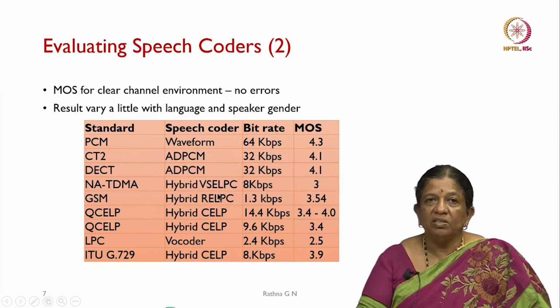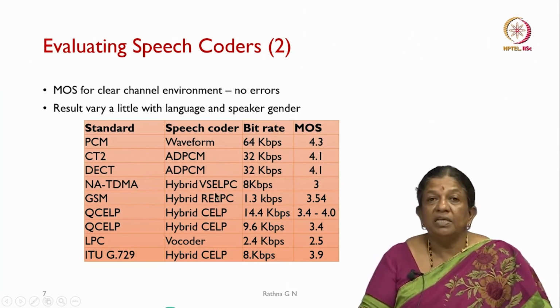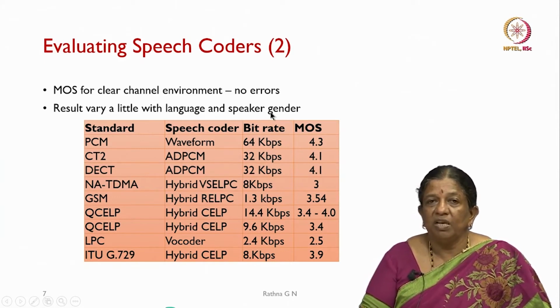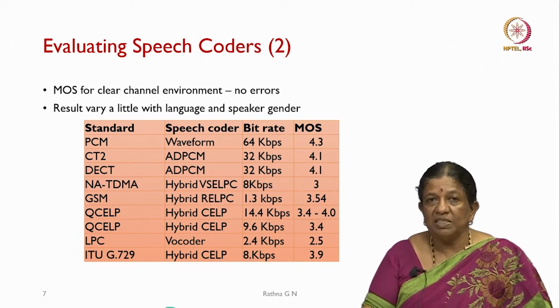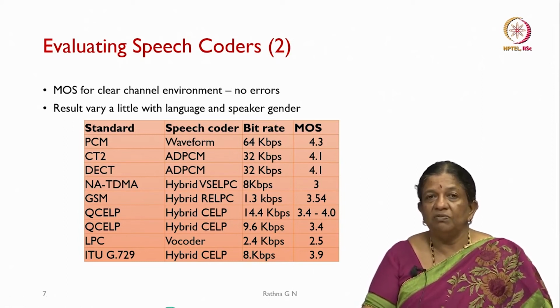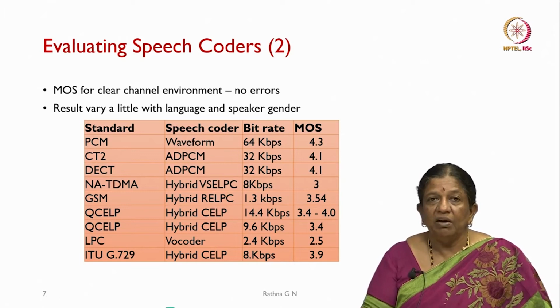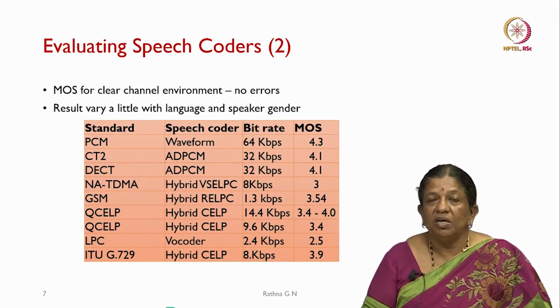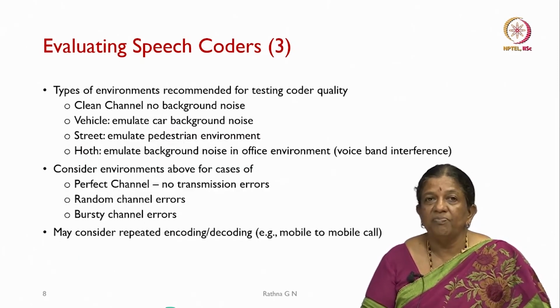So, depending on the requirement, you can select. Even the gender is going to matter. If it is a male voice or a female voice, we will see in the lab how it varies, and then you can decide what you want to select for your coding techniques.